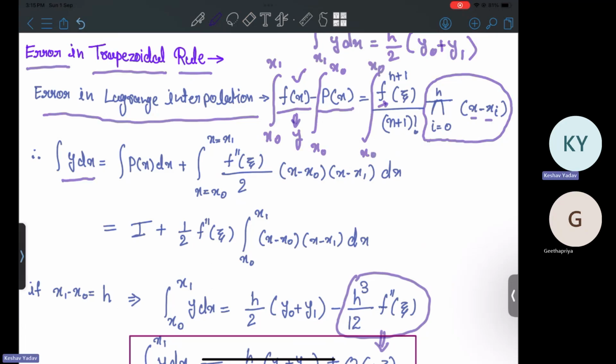Now I take this minus p(x) dx to the other side, the right hand side. So this is p(x) dx plus this error, whatever we have found, with limits from x0 to x1. Here, how many points do we have? 2 points we have, x0 and x1.